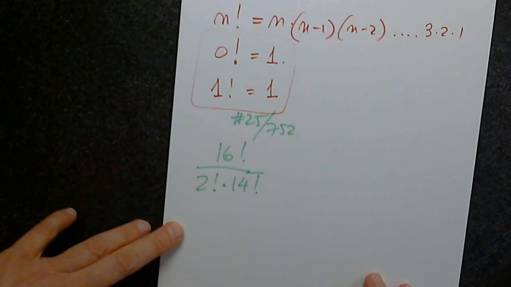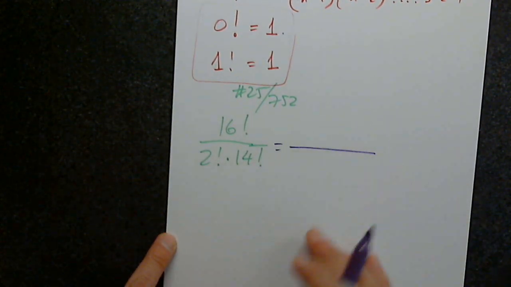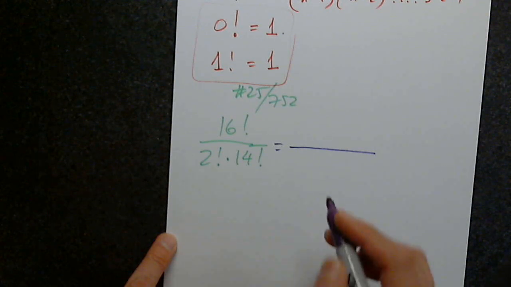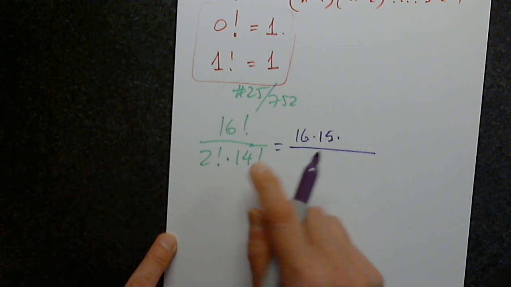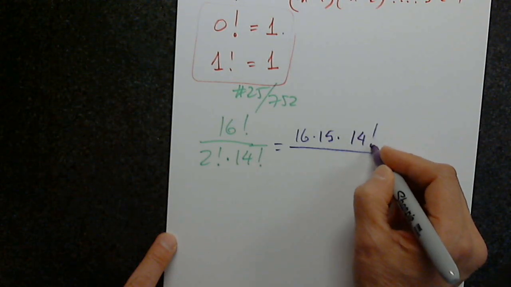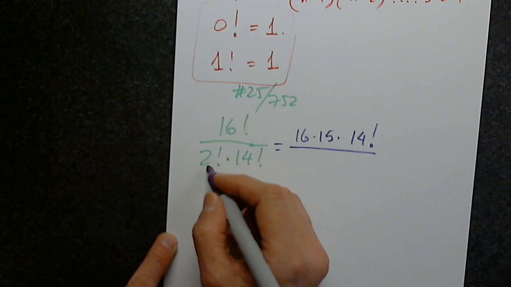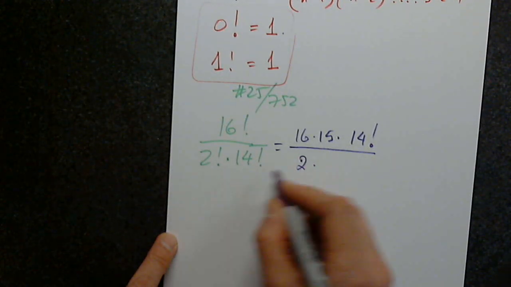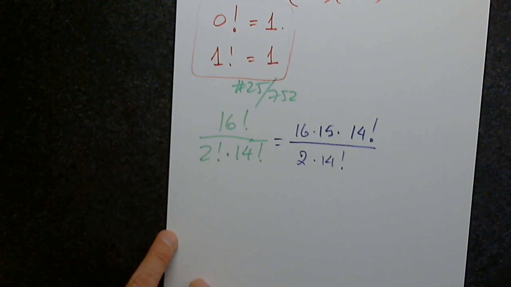Ready? So how will you write 16 factorial? Can anyone dictate? 16 times 15. Correct. But look at this one. 2 factorial is 2, and then 14 factorial. What do you think I'm going to do? And why did I stop at 14?